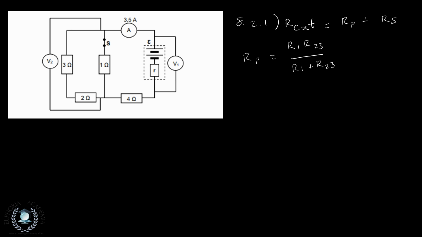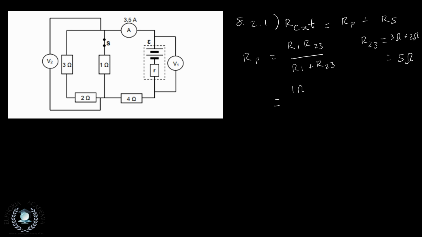So essentially our resistance of 2,3 is equal to our 3 ohm plus our 2 ohm, and that is going to give us 5 ohms. Remember, we said that the 3 ohm resistor and the 2 ohm resistor are actually in series with each other, but they're part of that parallel circuit. All right, so let us just do the substitutions.